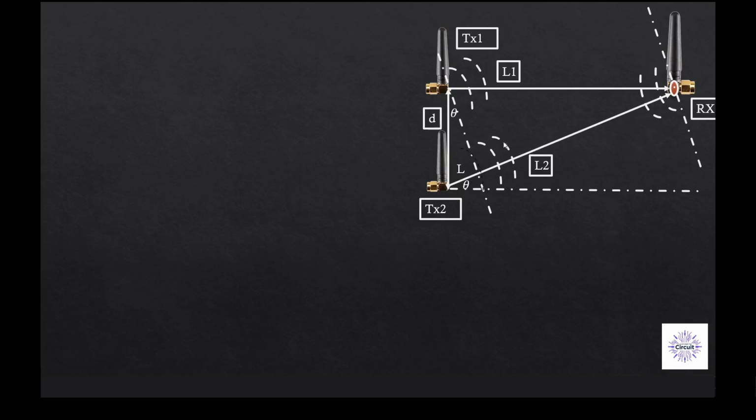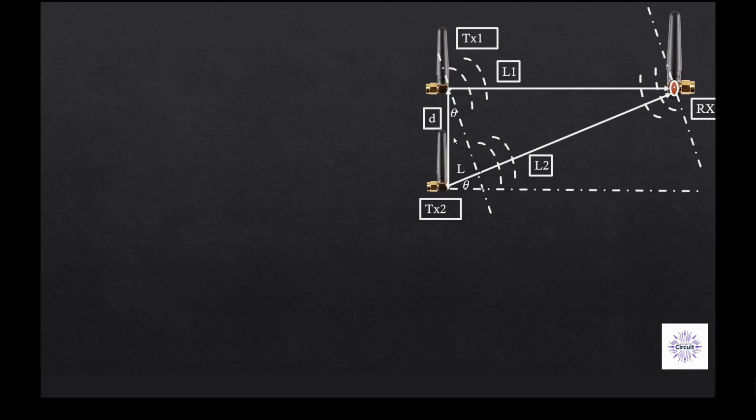Also, by adjusting the phases of the channels so that the waves add constructively at the point that we are interested in, we can increase the gain and directivity toward that point. For instance, in this example, I have two TX antennas and one RX antenna.